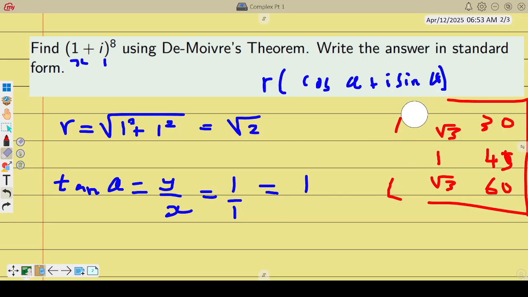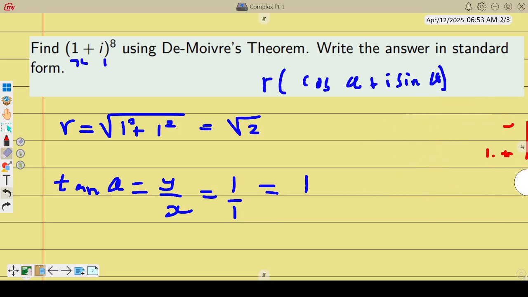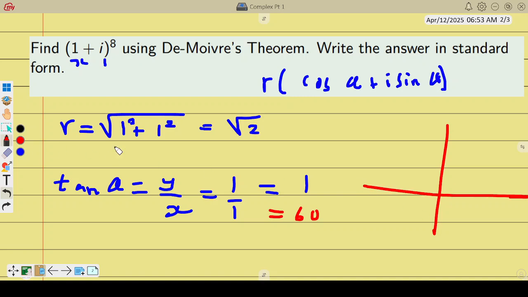So now, since tan theta is equal to 1, it means that the angle we're dealing with is 45. And then these are both positives. So when we draw, x is going this way, y is going that way. So this is in the first quadrant. It is being read from the positive x-axis.